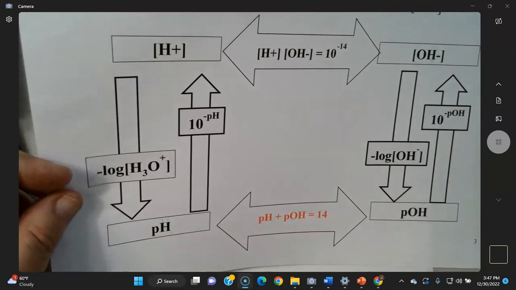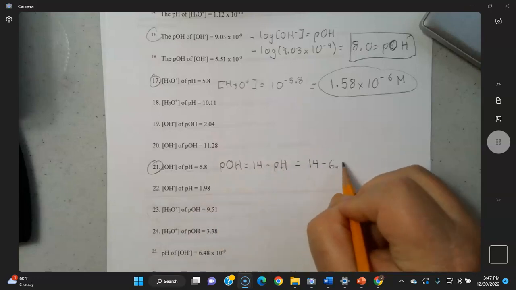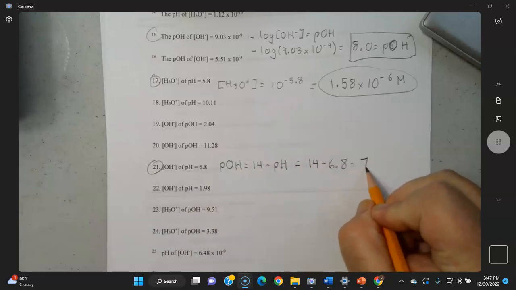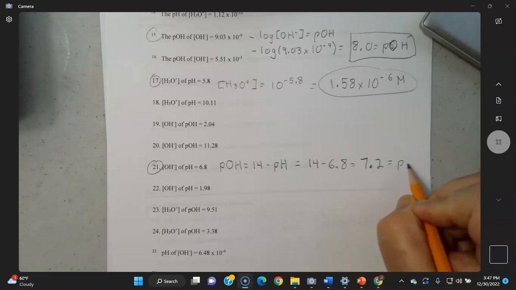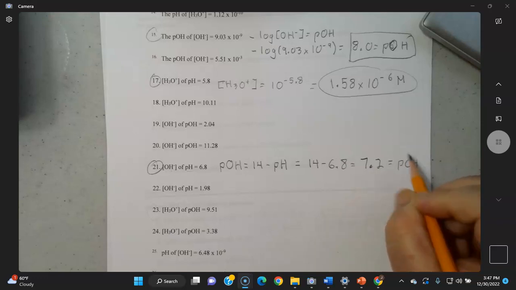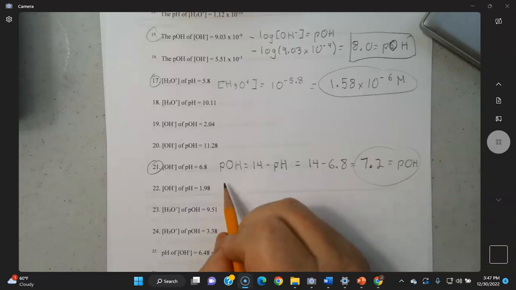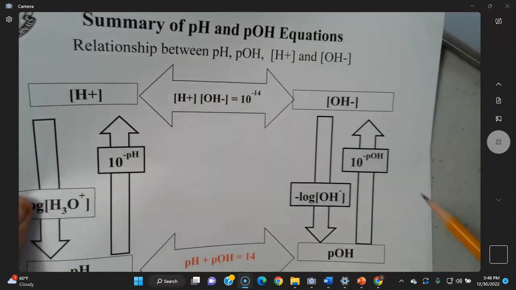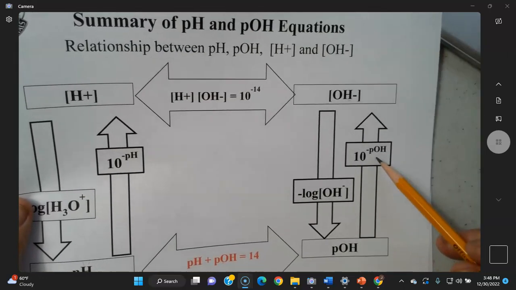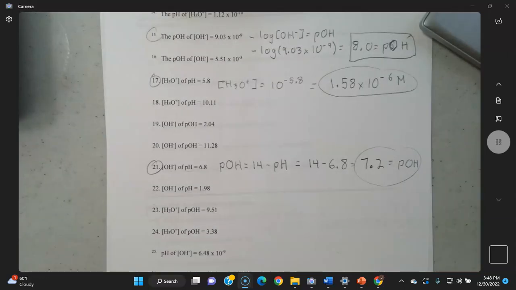So let's go ahead and do that. That gives us 7.2, which equals pOH. Right there. And now the second step is we need to raise 10 to the negative 7.2, negative pOH. So we're going to do that.